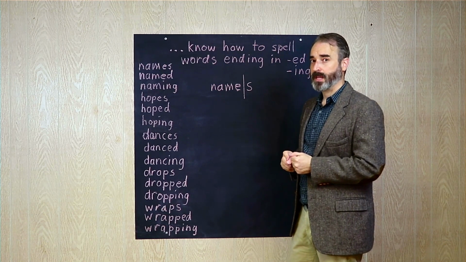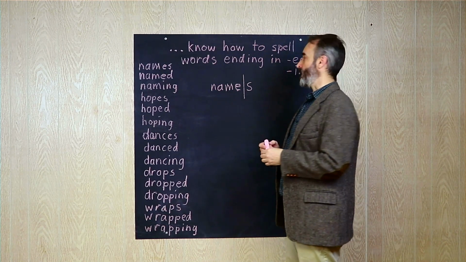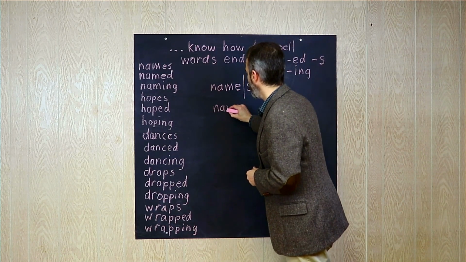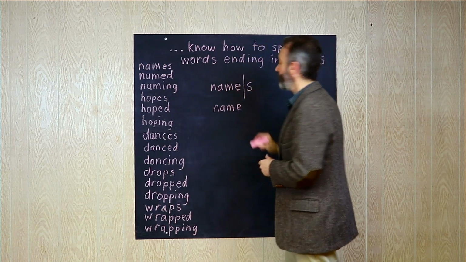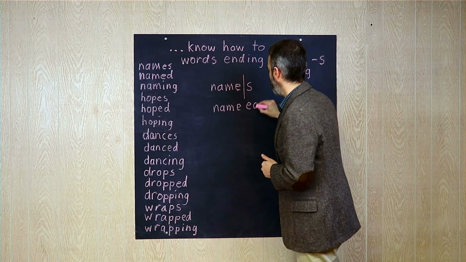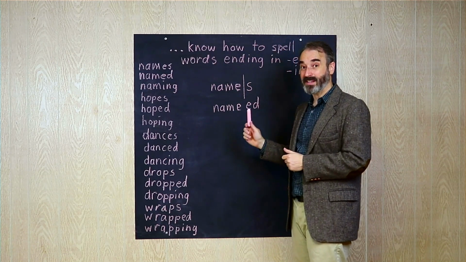Names. Now, what if I named my dog yesterday? Well, we start off with name. Now, if we were to add an ed at the end, that would look really weird. We'd pronounce it namemed. Named.